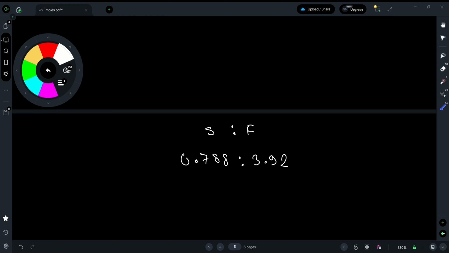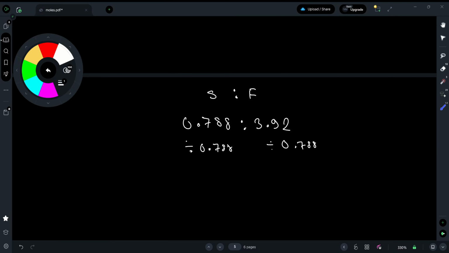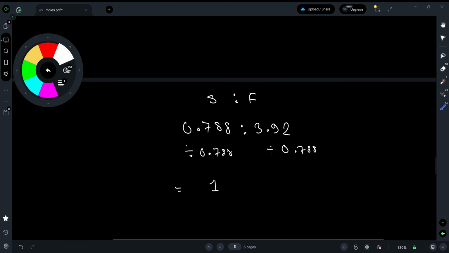And we're counting atoms now, so you can simplify these ratios. What we generally do is you divide this by 0.788, and you divide this also by 0.788, and so this would give you 1. Then you have 3.92 divided by 0.788, that's 4.97.